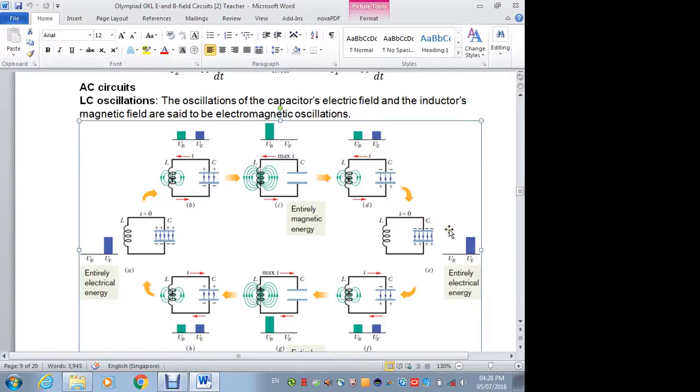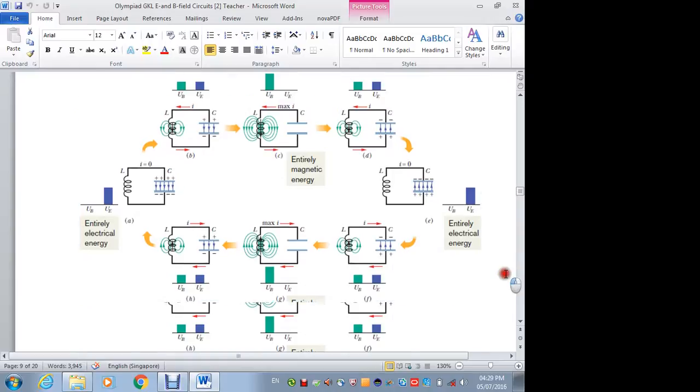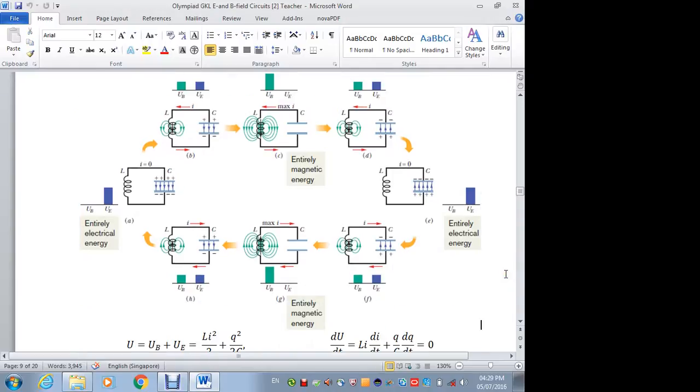The polarity changes, so the current also varies sinusoidally, because half a cycle later the current actually changes direction. So this is called an LC oscillation, without energy dissipation. We are assuming that the wires do not have any electrical resistance.